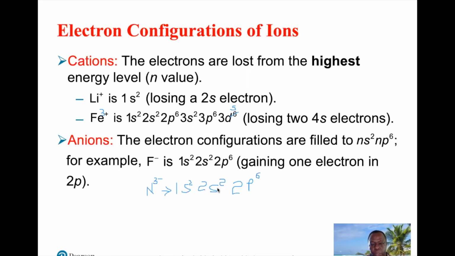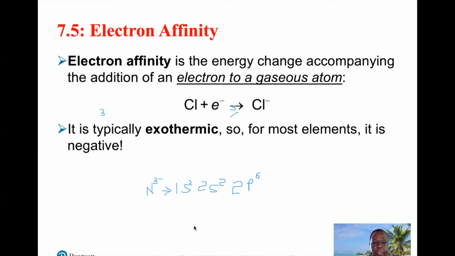So if we are 1s2, 2s2, 2p3, and extra electrons from the negative charge means we have an excess of 3 electrons for nitrogen, 3 electrons. So it is built up. Electron configuration for ions is just an extension of writing the electron configuration, whether cations, positive or negative, and of course polyatomic ions.